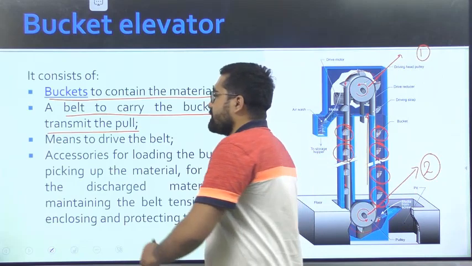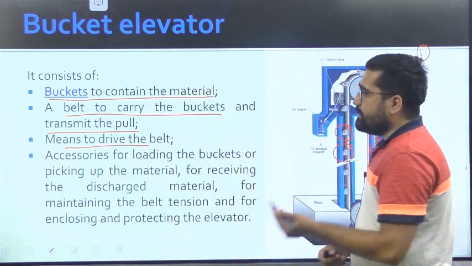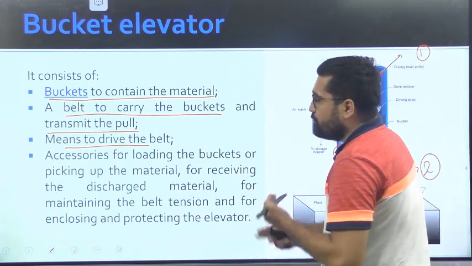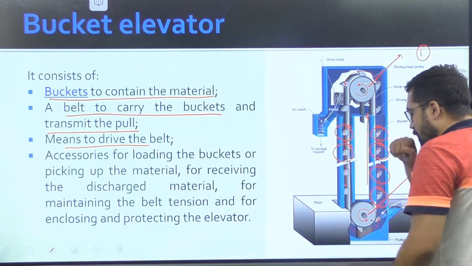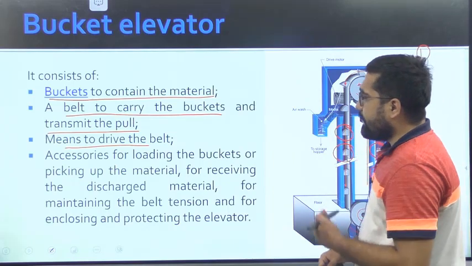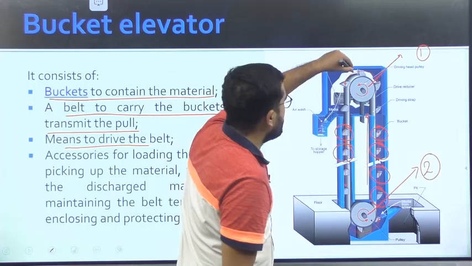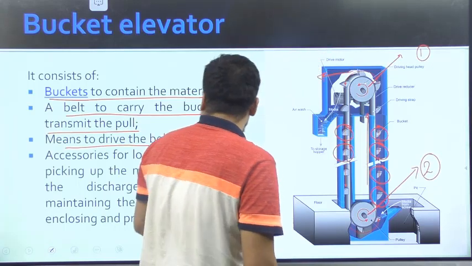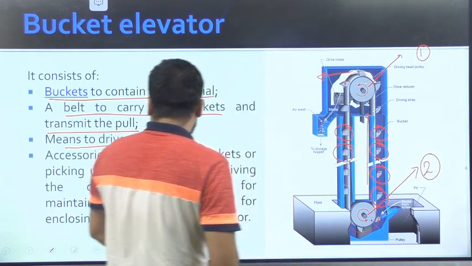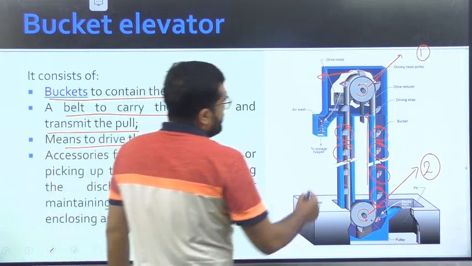So with the help of the pulleys we will drive the belt, which will give motion to the buckets, and the material in the bucket will get discharged at the top end of the conveyor.